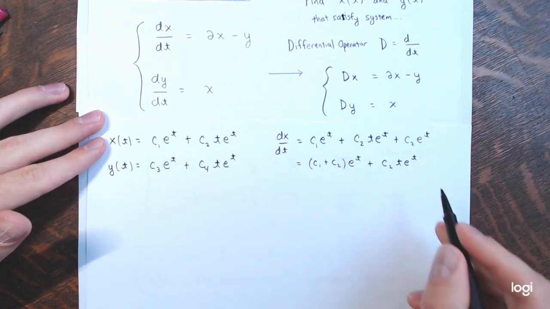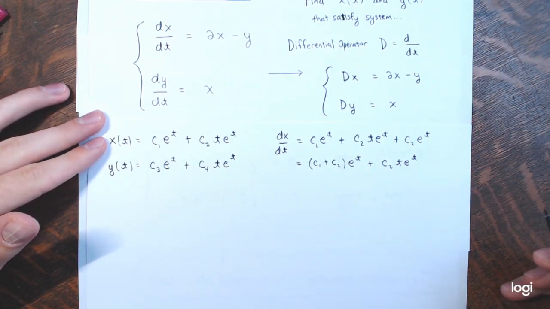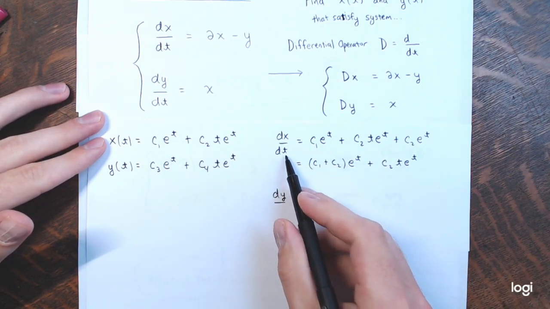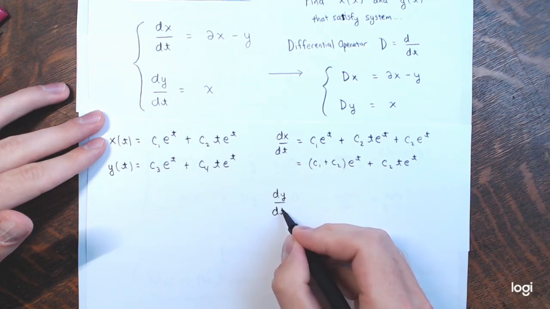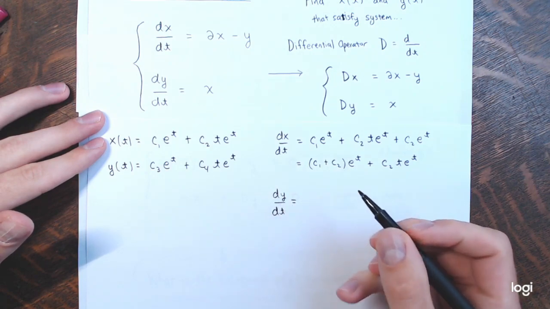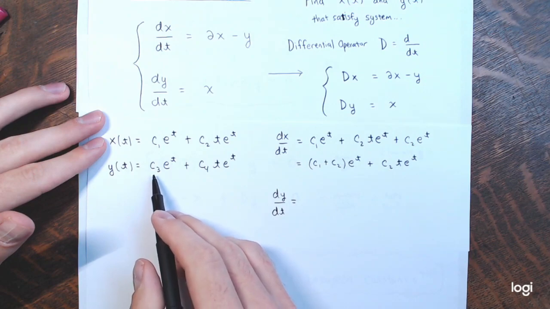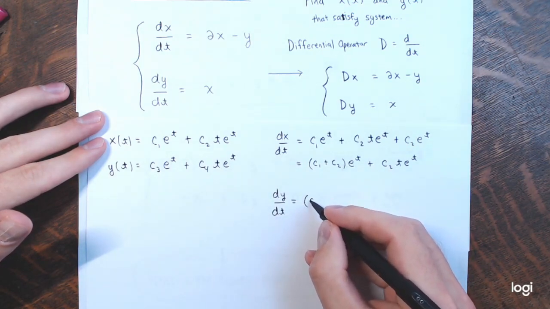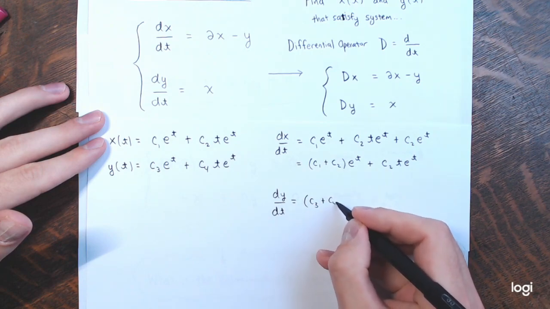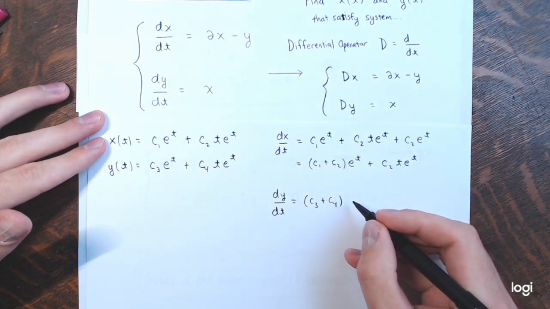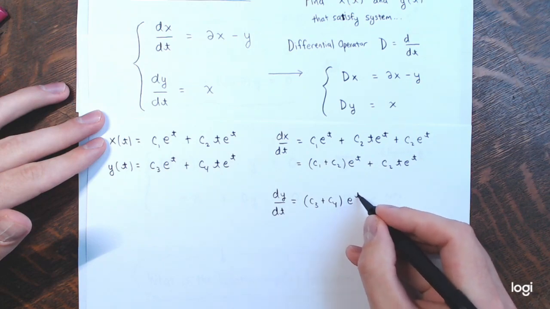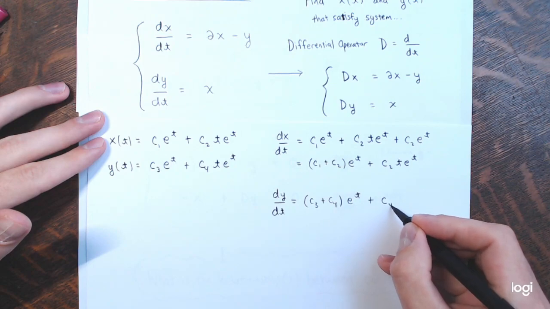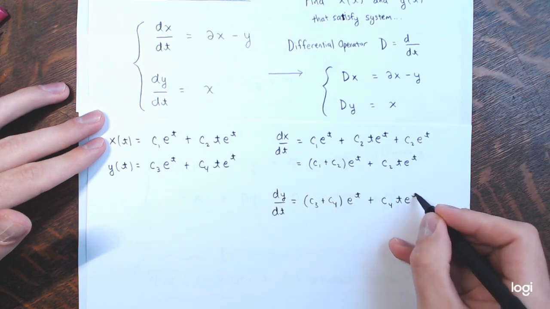The first derivative of y with respect to t would be the same thing, but instead of c1 and c2, I have c3 and c4. So that would be c3 plus c4 times e to the t plus c4 times t e to the t.